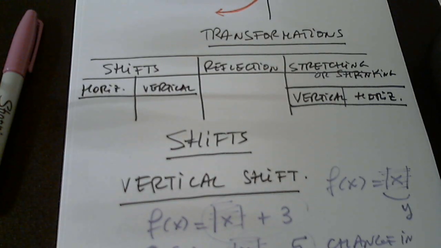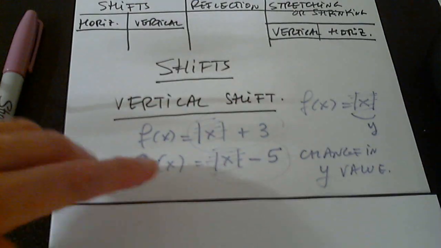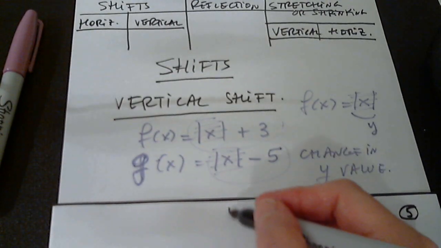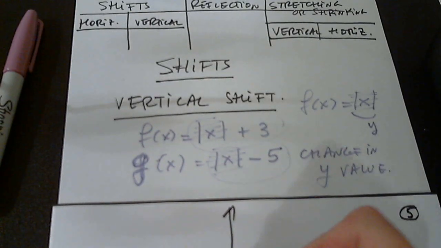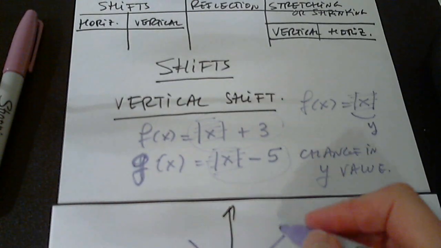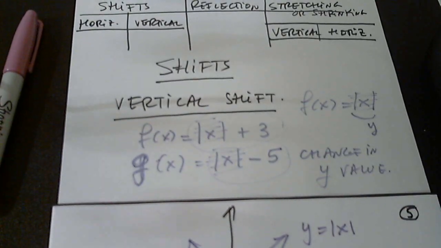The initial absolute value is this graph. This is the base function, absolute value of x. Here it is. A v function bisecting the first and the second quadrants. So this is y equals the absolute value of x.